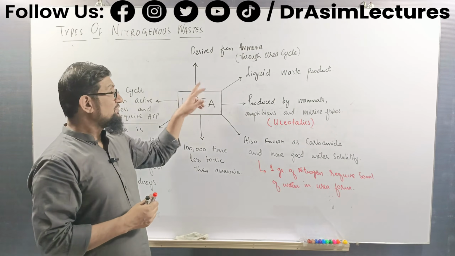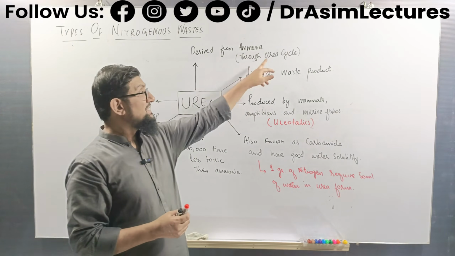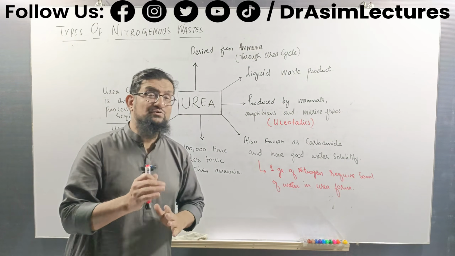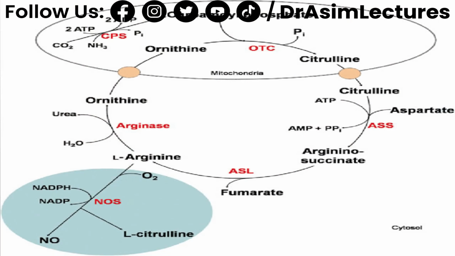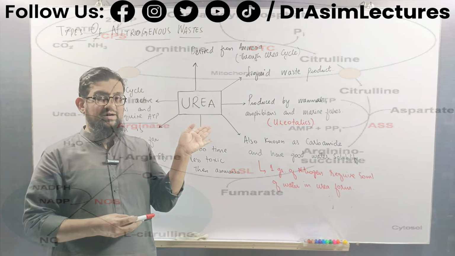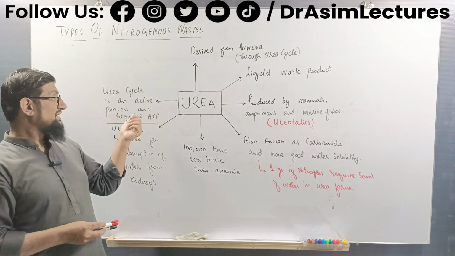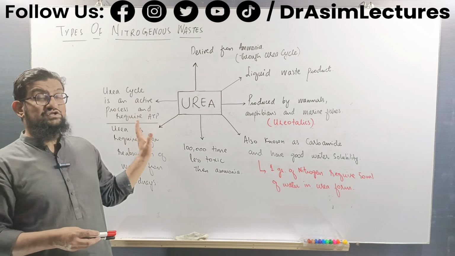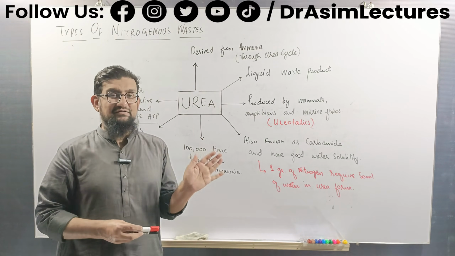Now the process in which ammonia is converted into urea, as I already discussed, is called the urea cycle or the ornithine cycle. Please do remember, as you can see on your screens, the urea cycle is an active process and it consumes ATP to convert ammonia into urea. But ammonia is so toxic that living organisms are ready to sacrifice their energy to convert ammonia into urea, so they have a better chance of survival.